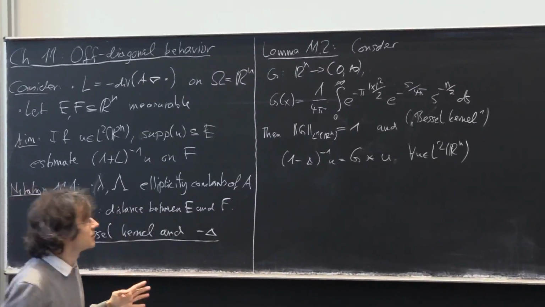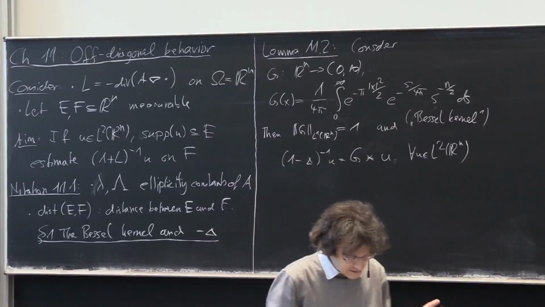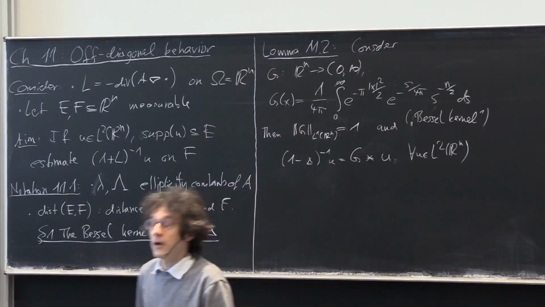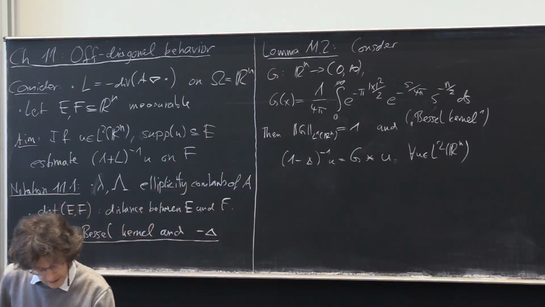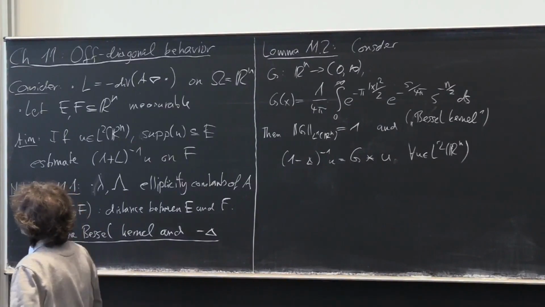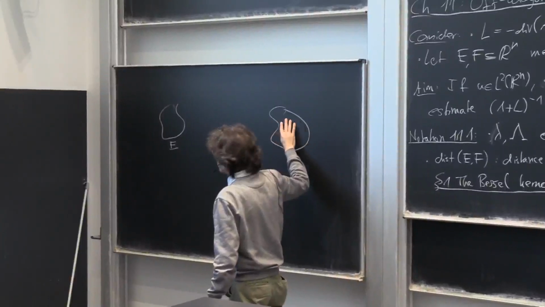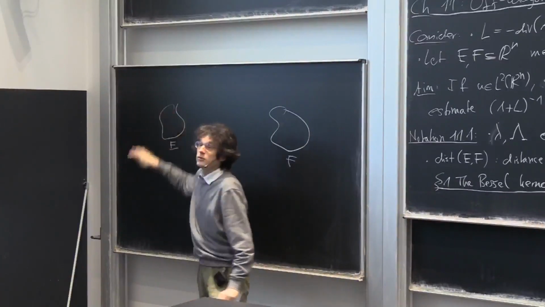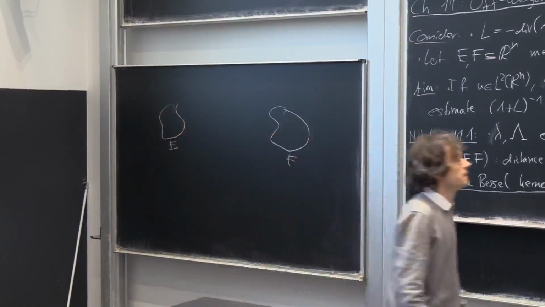It's a very classical result, but the good thing is that now we know how the resolvent of the Laplace is calculated, and we can look at the off-diagonal behavior. So this question: how much contribution does it give the resolvent on the set F if the function u is only supported in E.